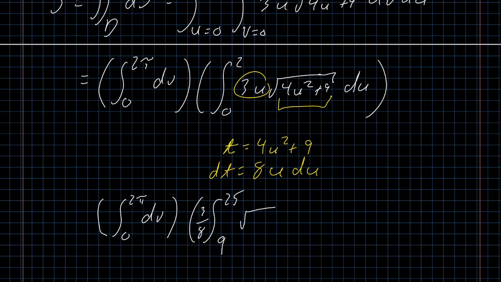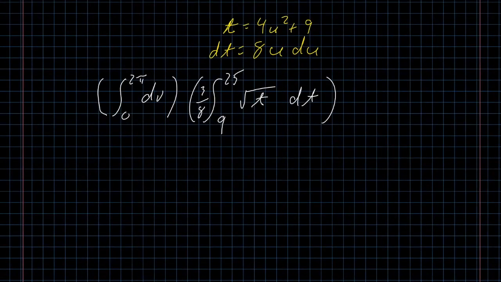And then we've got the square root of t dt. Right. Integral on dv is just v. Integral on the square root of t is 2/3 t to the 3/2 power.